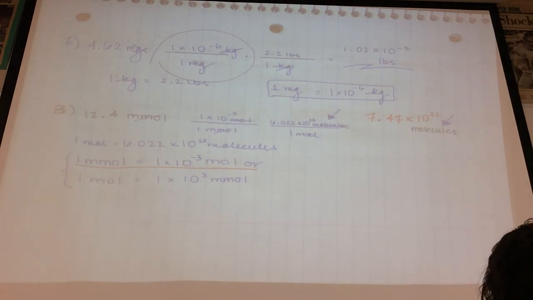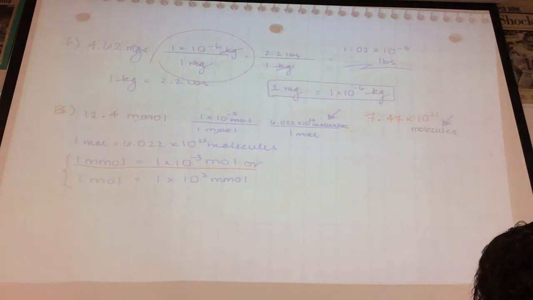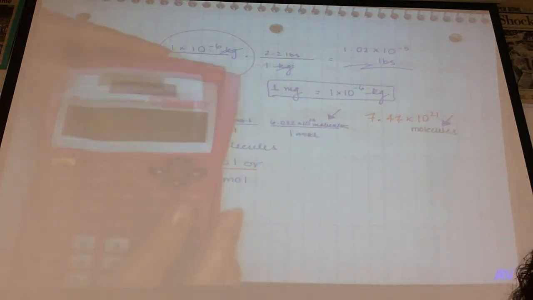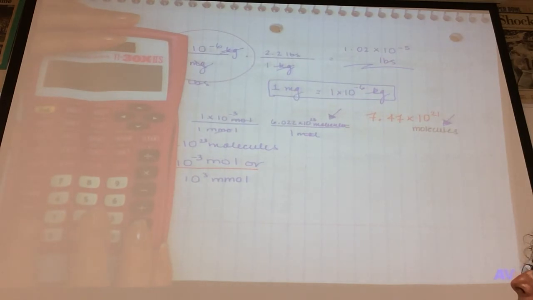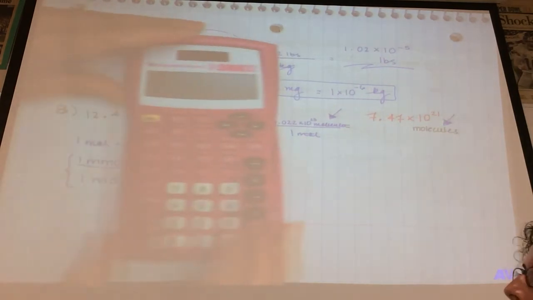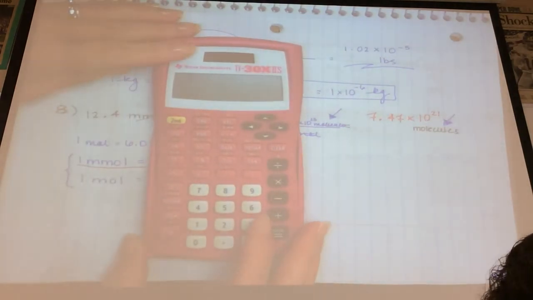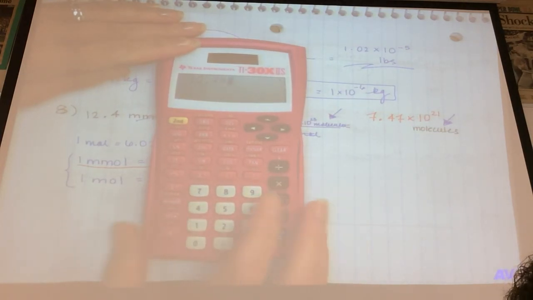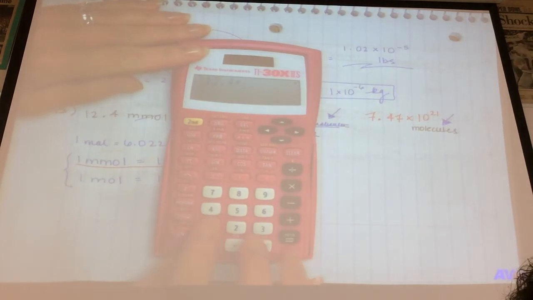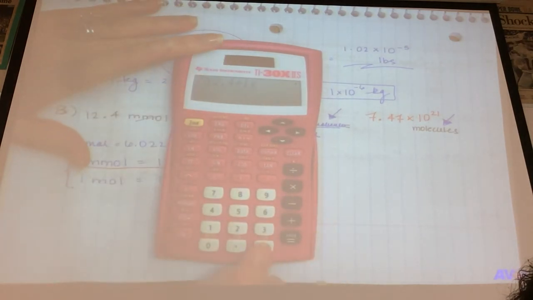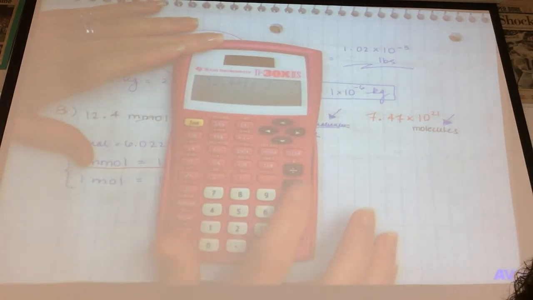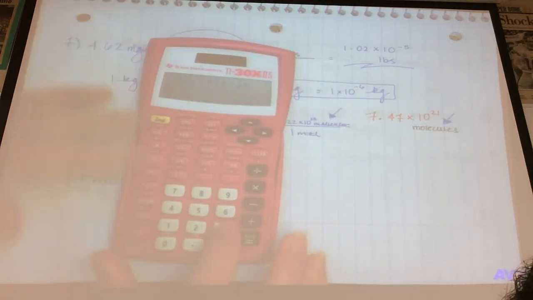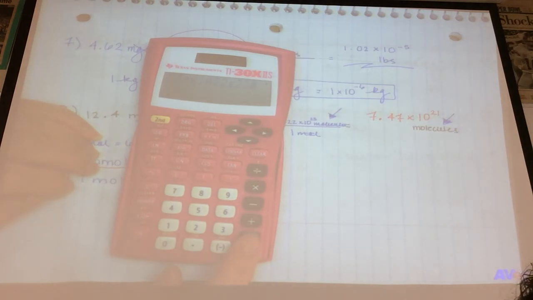You want me to plug it in? Yeah. Off this guy? Okay. So you have 12.4 times 1 EE negative 3 times 6.022 EE 23 equals.